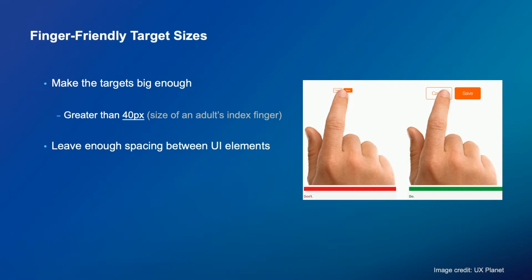The size is based on an adult's index finger, which ranges from 16 to 20 millimeters. That translates to 45 to 57 pixels. Apple's design guidelines suggest this number to be 44 pixels, and Google suggests this number to be 48 pixels.